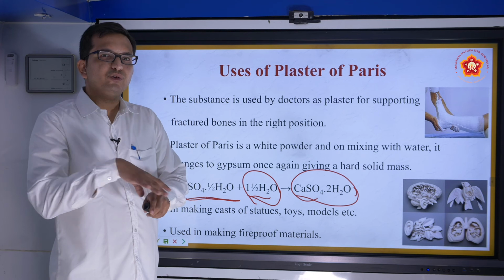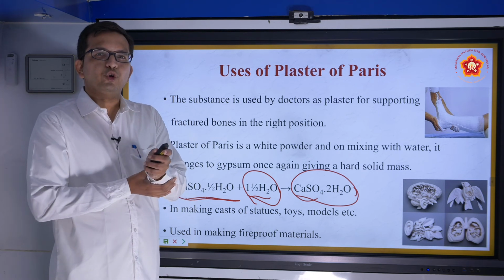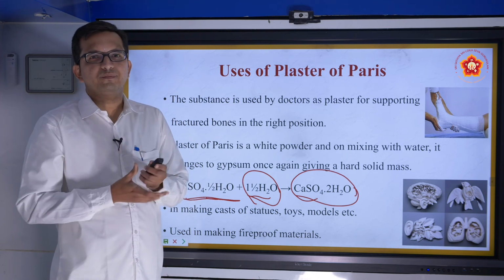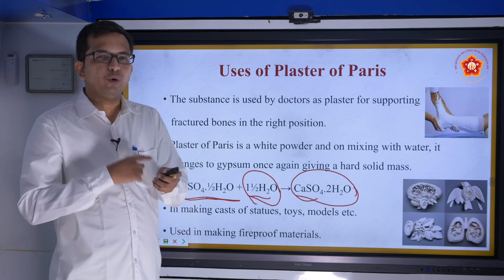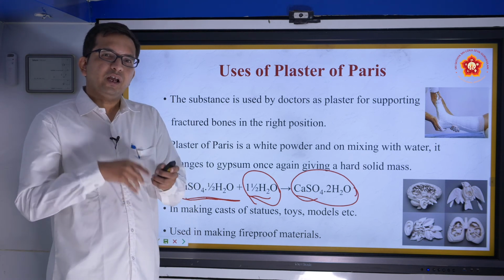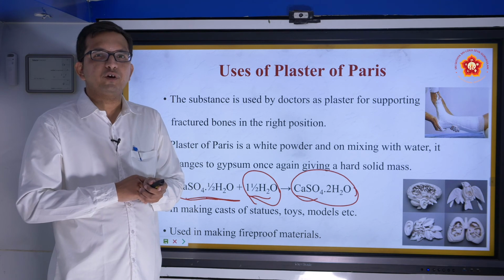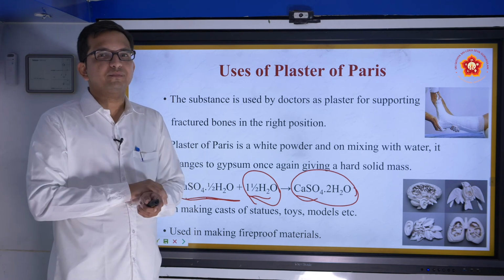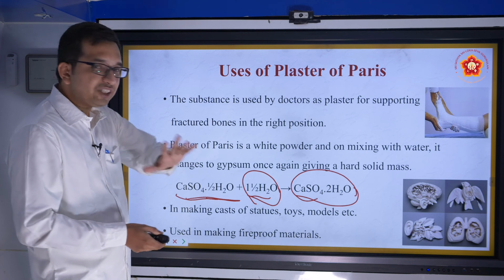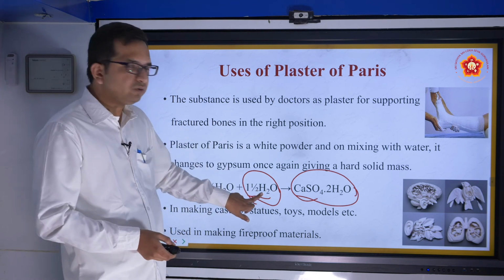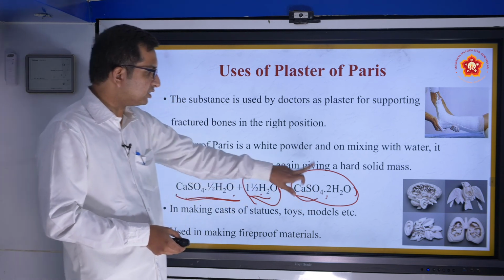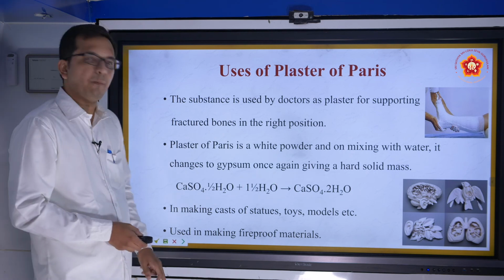That is why whenever you wear a plaster, you are advised not to put water on that, because over a period of time it will become very hard. It is going to be a painful experience for you when they remove the plaster back. That is because it absorbs the molecules and becomes like the starting compound, which is gypsum.